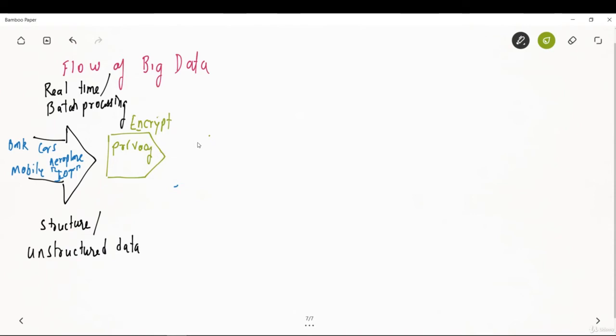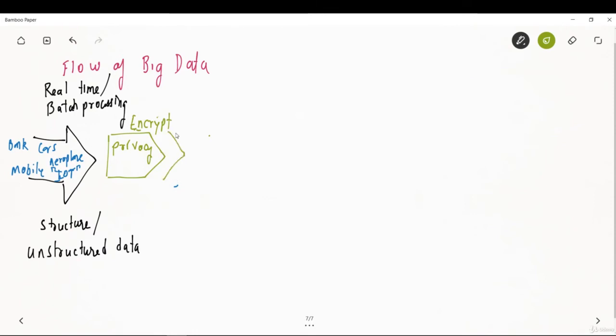If encryption is not possible for some reason and the data is not much required, the data can also be masked. That is, the data can be hidden completely, so it is scrambled and kept. If it is masked, you cannot recover the data. So either it is encrypted or masked depending on the requirement of the business.